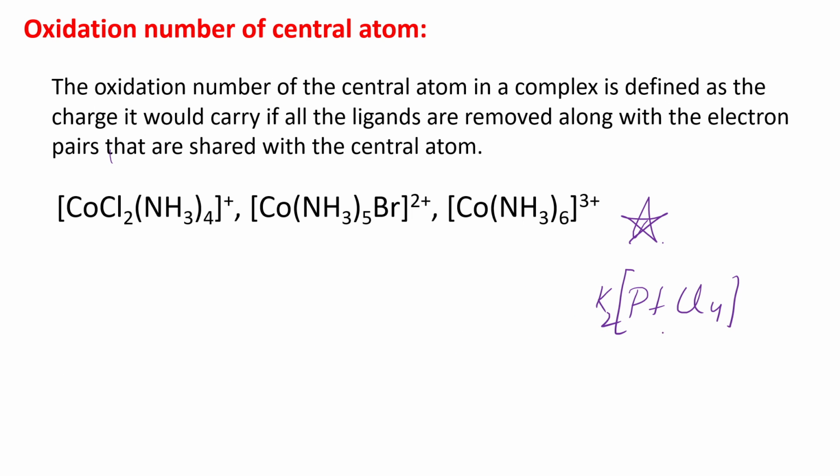So what does K2PtCl4 mean? K2PtCl4 means there are two K positive ions plus PtCl4 minus 2 as a negative ion.